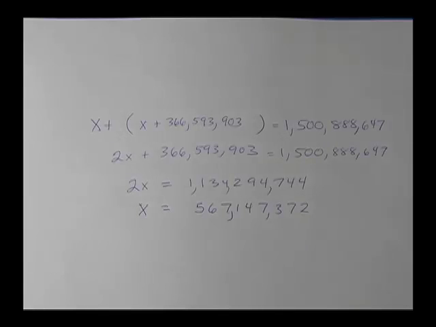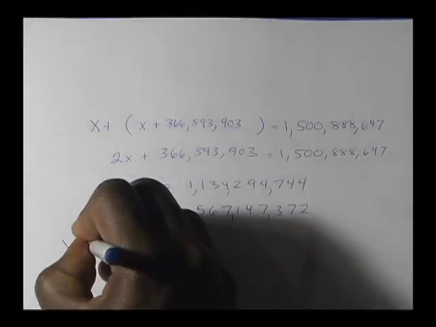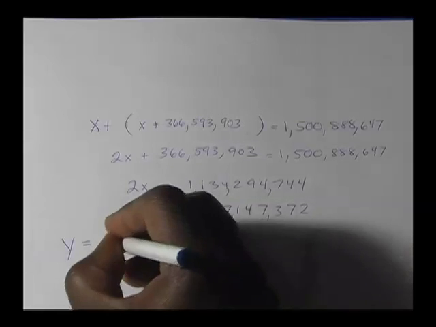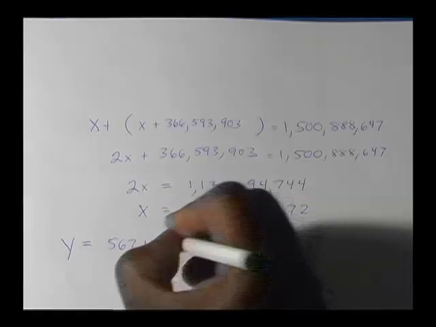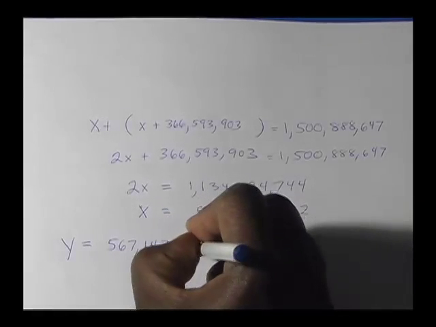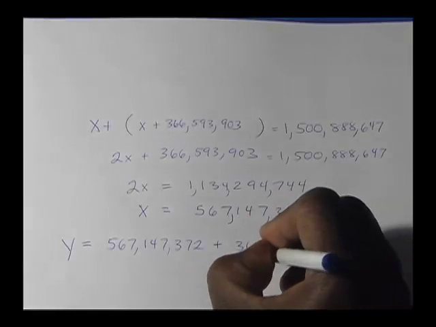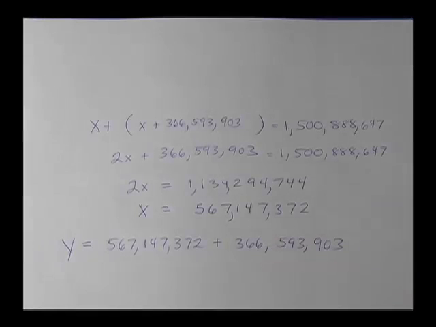As always, we've got to plug that number back into our expression for y. So we have y equals x, 567,147,372, plus 366,593,903.